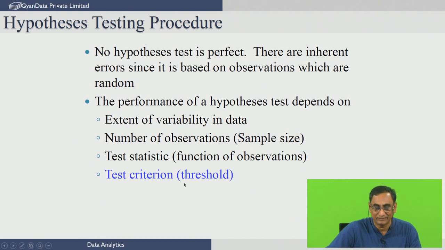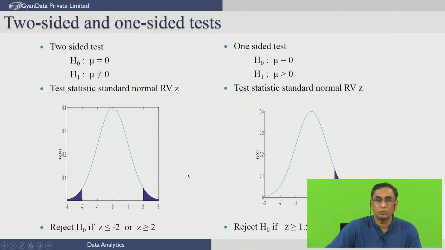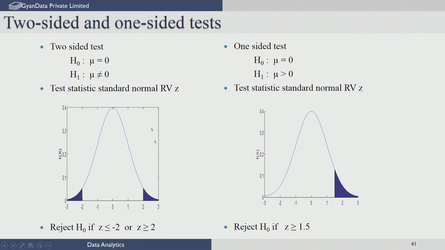Now, there are two types of hypothesis tests, what we call the two-sided test and the one-sided test, and I am giving a simple illustration to tell you what a two-sided test means. Suppose you are testing for the population parameter, the population mean mu, and you want to test whether this population parameter is equal to 0 or not equal to 0.